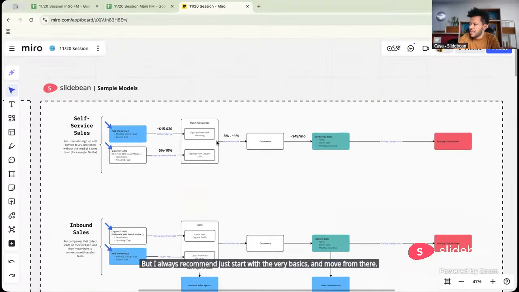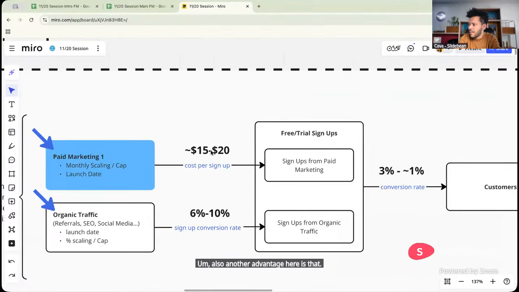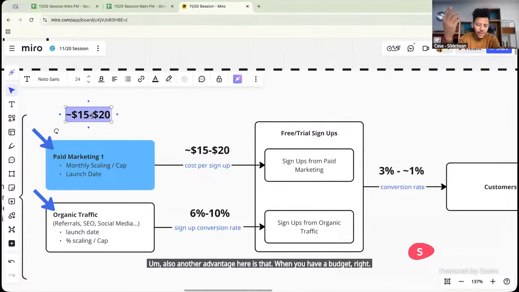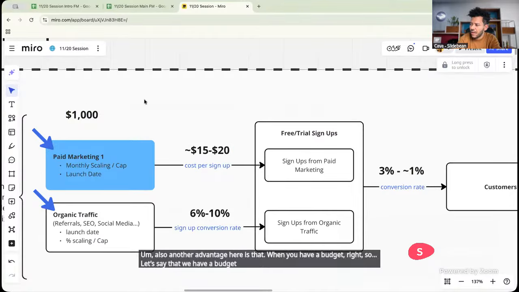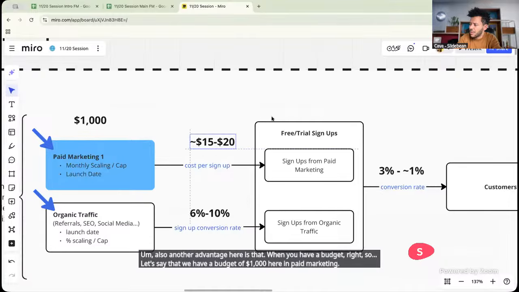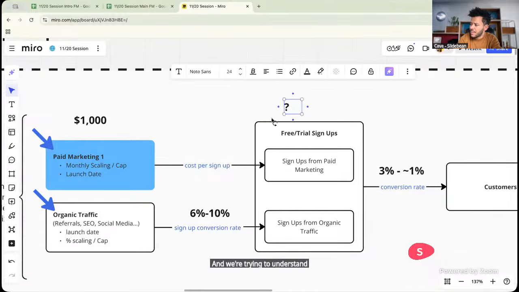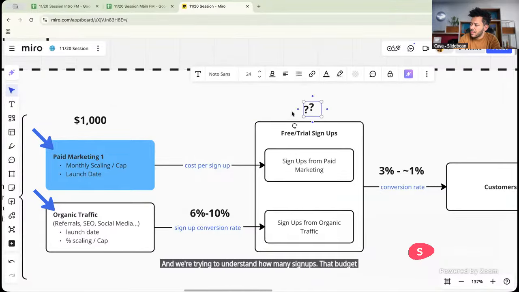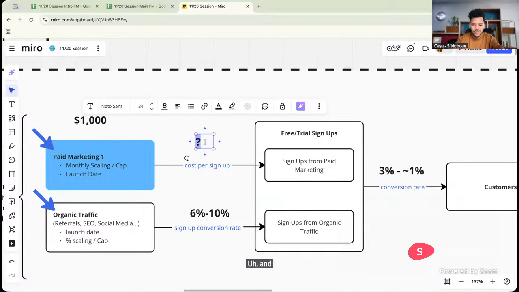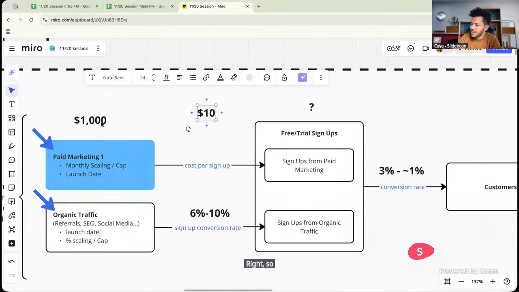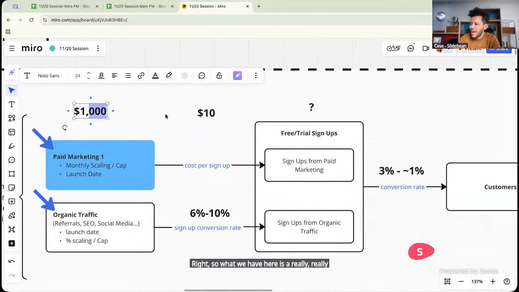Also, another advantage here is when you have a budget. So let's say that we have a budget of $1,000 here in paid marketing, and we're trying to understand how many signups that budget is going to drive. And we said that a standard cost per signup is about $10. So what we have here is a really simple math operation.